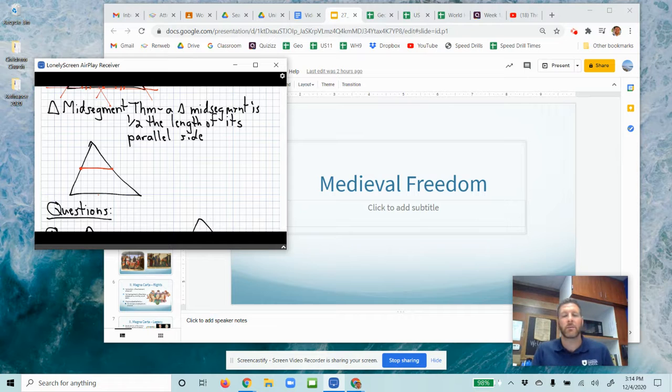That is a mid-segment, and so it's parallel. That's what I said a minute ago. These two lines are parallel, but this distance here is half of the distance of the side it's parallel to. So if that's x, then the bottom here is going to be 2x. Or if the bottom is x, then the mid-segment would be half of that distance.